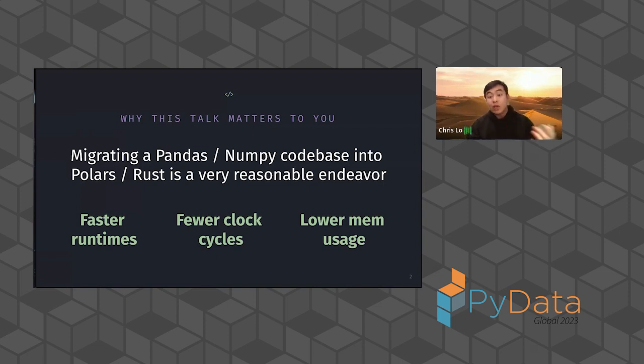And of course, the result of that is faster runtimes, moving away from Pandas into a Rust-based Polars runtime, and fewer clock cycles, right? Polars has some really smart optimizations under the hood. And lastly, lower memory usage, in particular from Polars' really smart use of the Arrow columnar format.